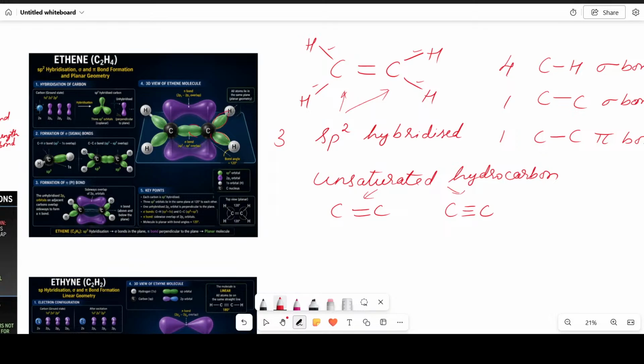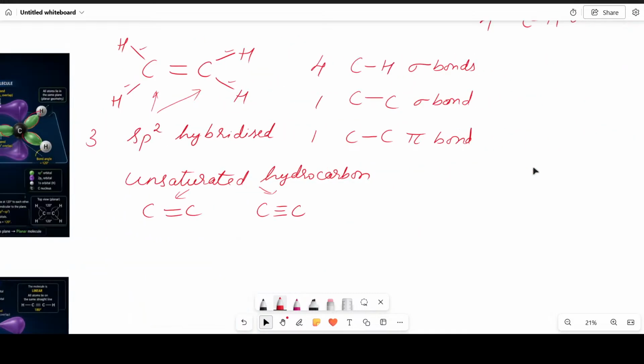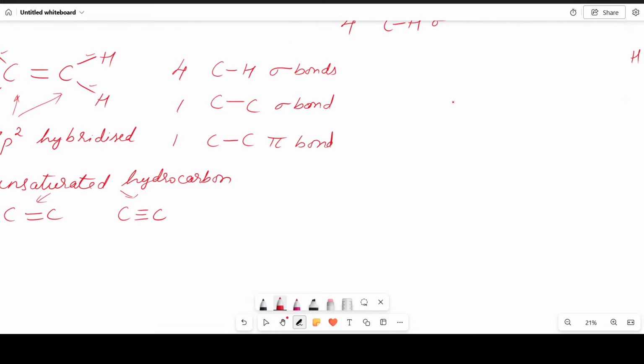Okay, so you can see that all the carbon atoms and all the hydrogen atoms are orienting themselves in the corners of the trigonal planar geometry like this. Carbon, and the bond angle is 120 degree.